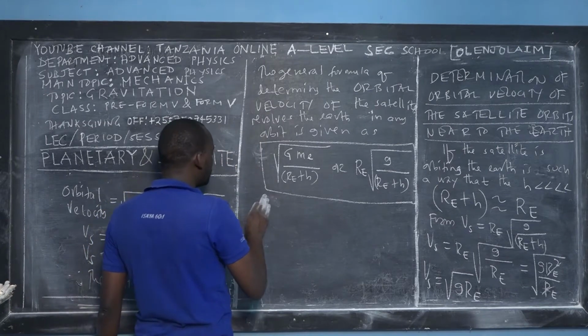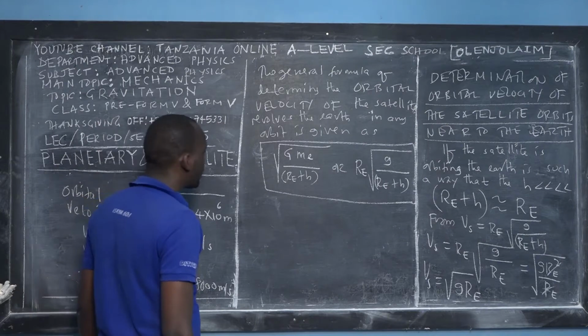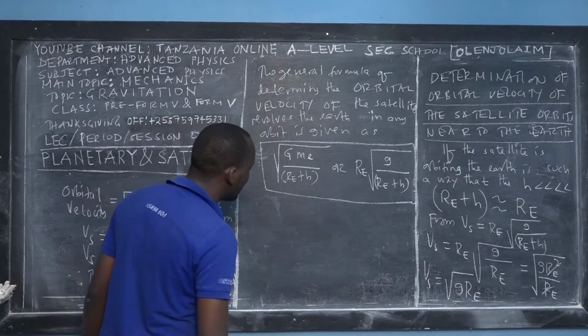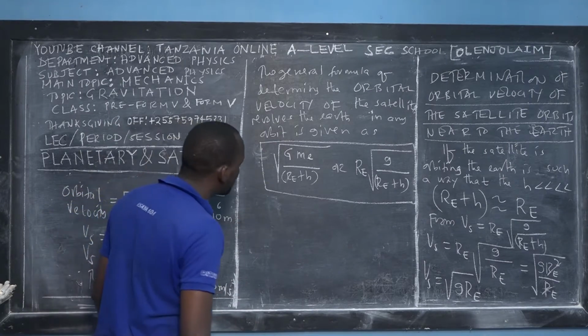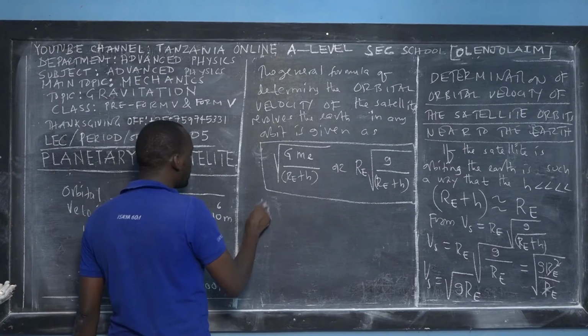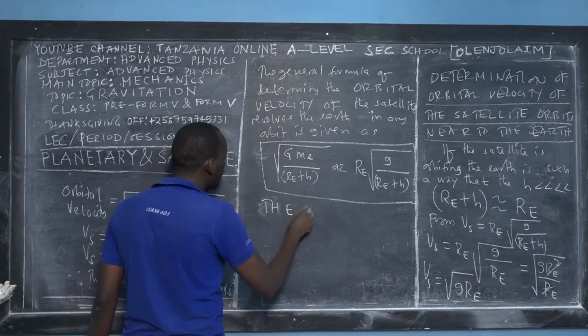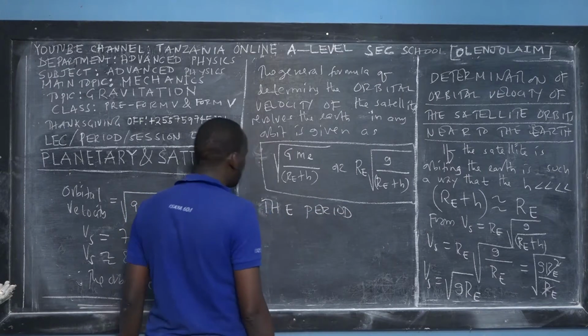So I would like to teach you, just like the second from the last concept of this lecture on planetary motion and satellite motion, about the period. Say the period. Then the concept of period in a simple pendulum.